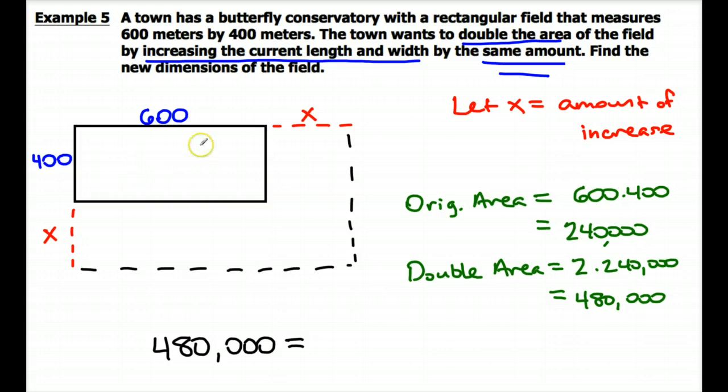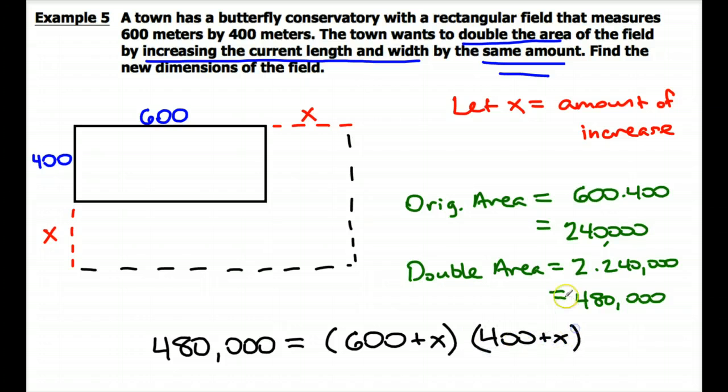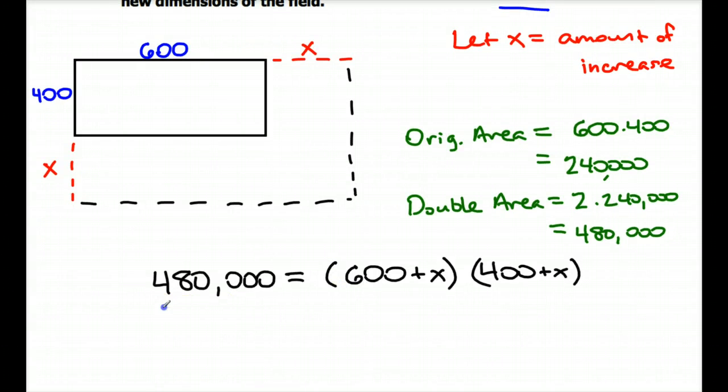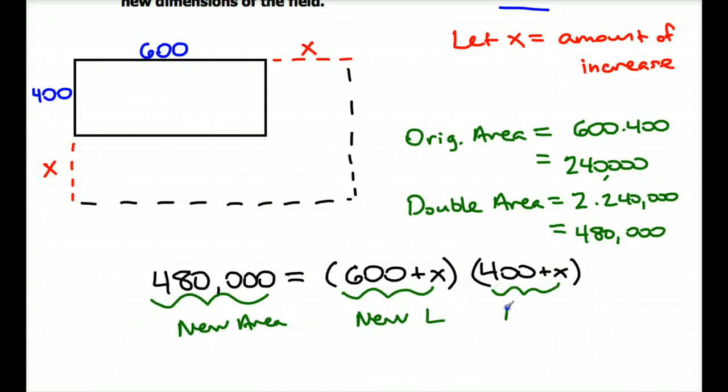The dimensions of our new field are going to be 600 plus x and 400 plus x. I'm taking just my area formula for a rectangle. 480,000 is my new area, which again we want to be doubled from the old area. 600 plus x is my new length, and 400 plus x is my new width.